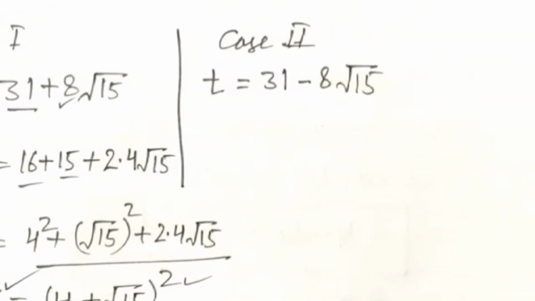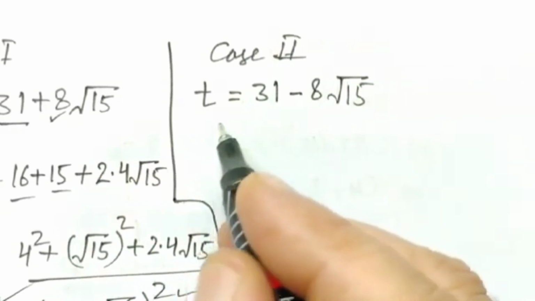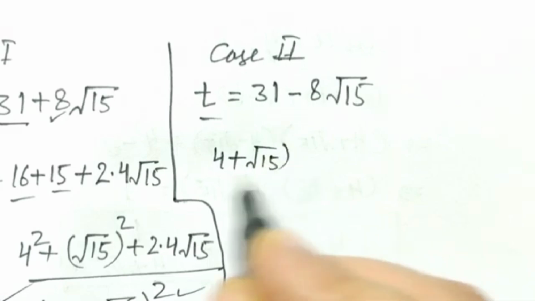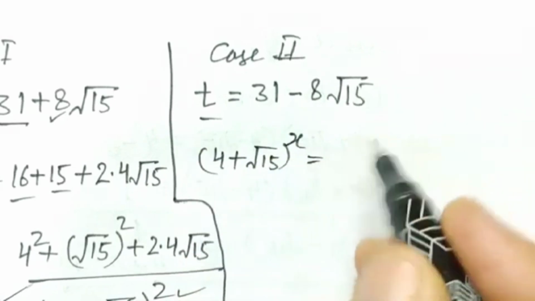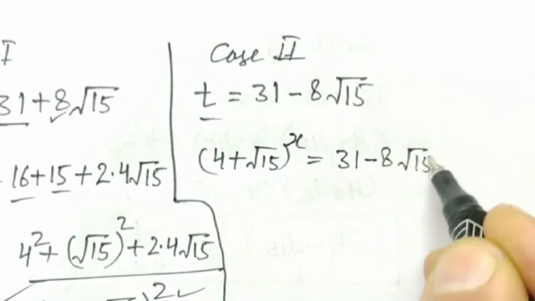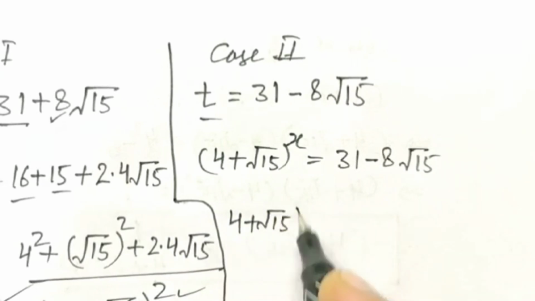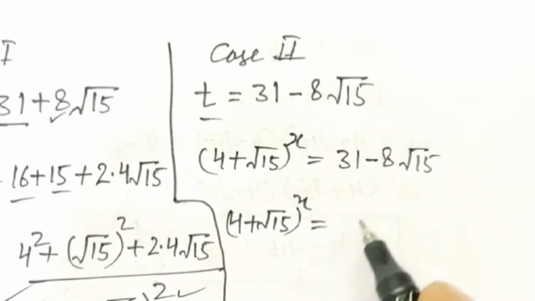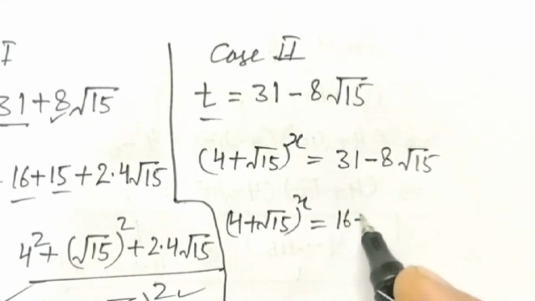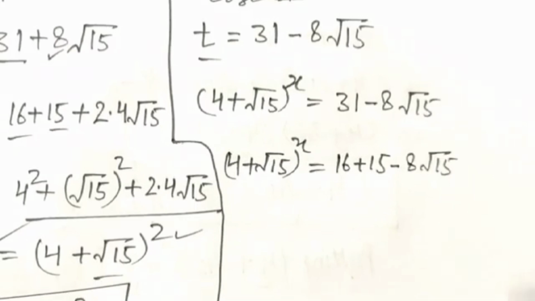Now if we go with this, here t, (4 + √15)^x, is equal to 31 - 8√15. So (4 + √15)^x is equal to 16 + 15 - 8√15, which is 4² + (√15)² - 2·4·√15.